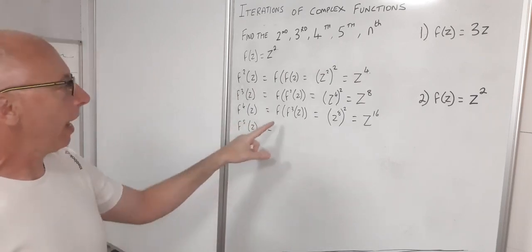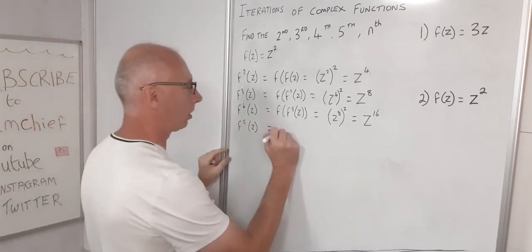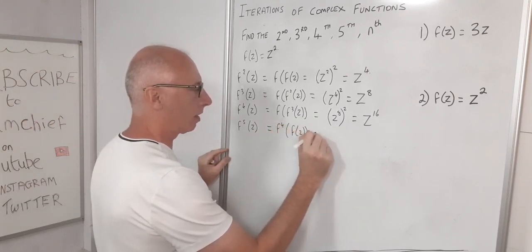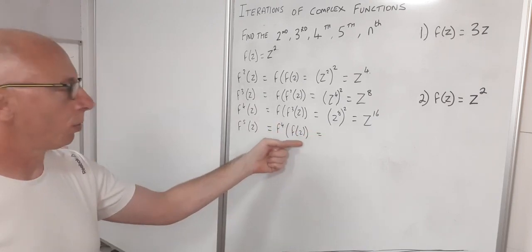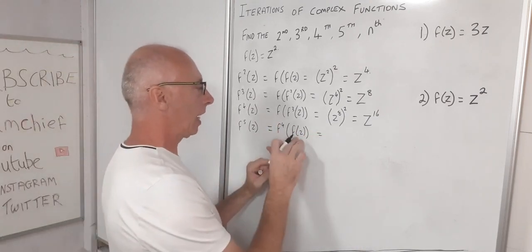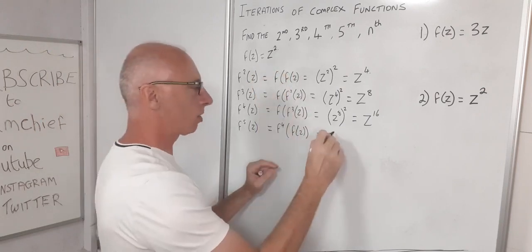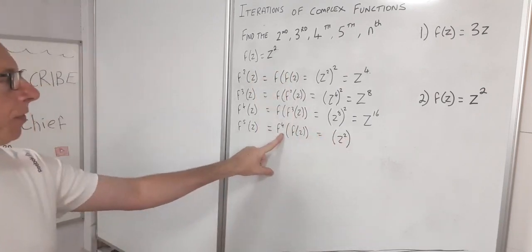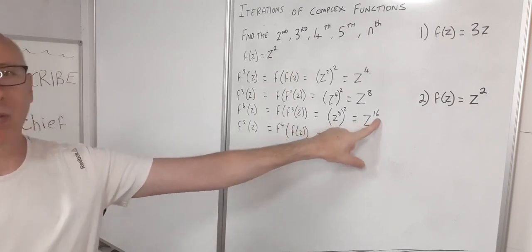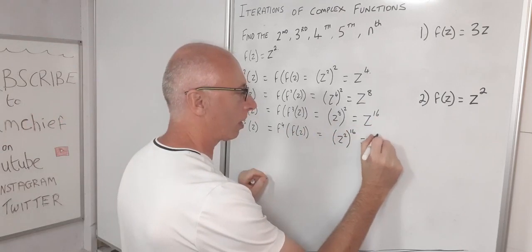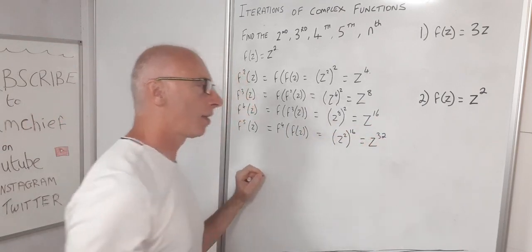Let's try f4 of f of z. So that still matches the rules that we set out earlier. Now f4 and f of z. Well, f of z is z squared, and f4 is to the power of 16. So then that's going to give us z to the 32.